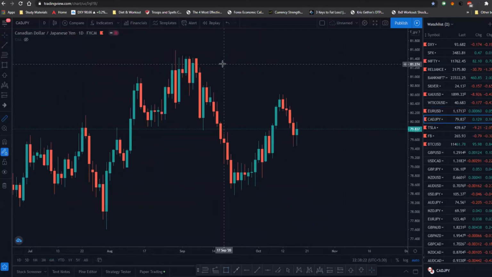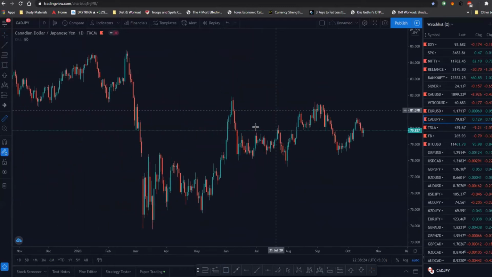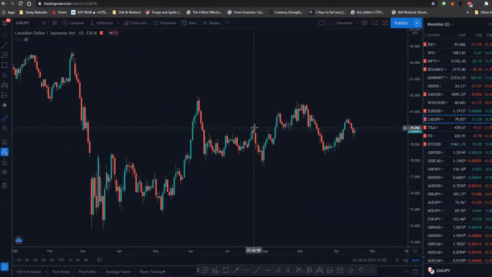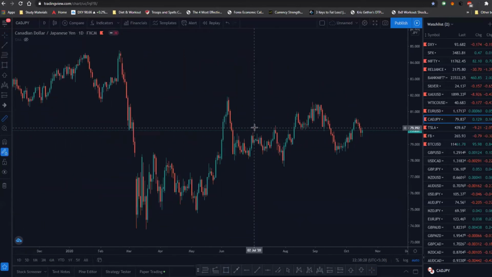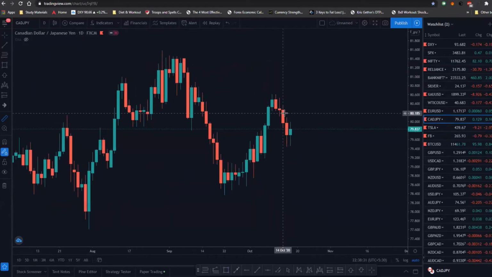CADJPY was a pain actually, because I knew that it was in a good downtrend. And we already got a lower low, lower close candle over here to confirm for me that it can go and test this level.